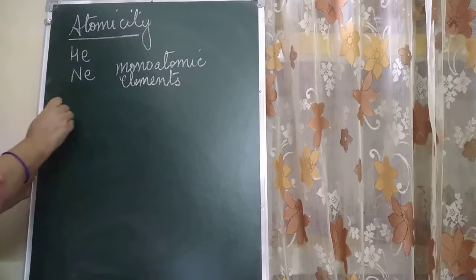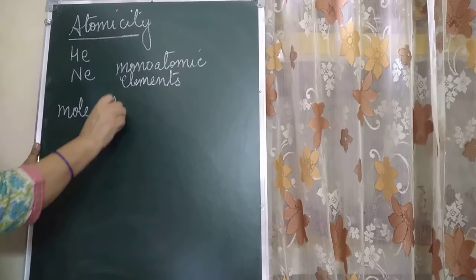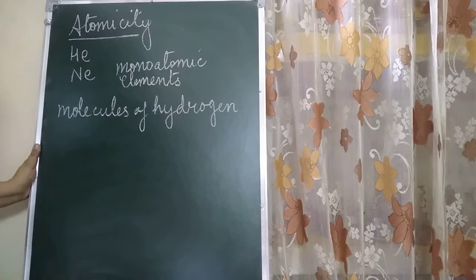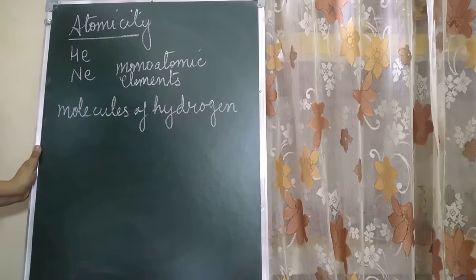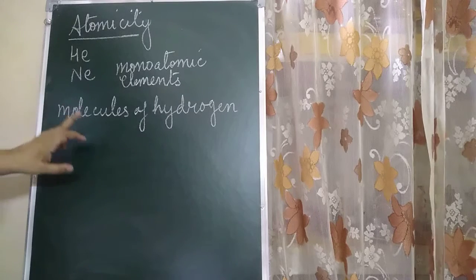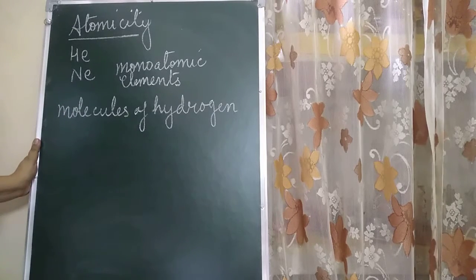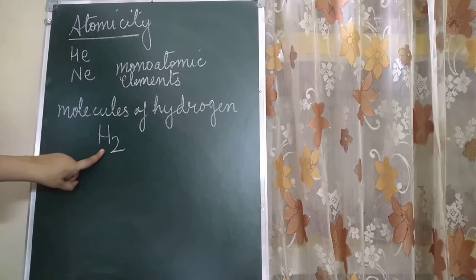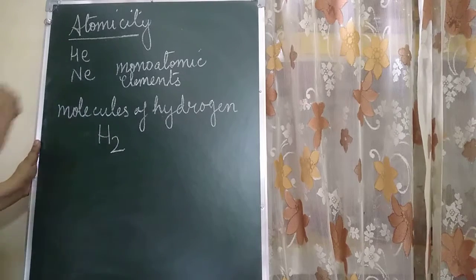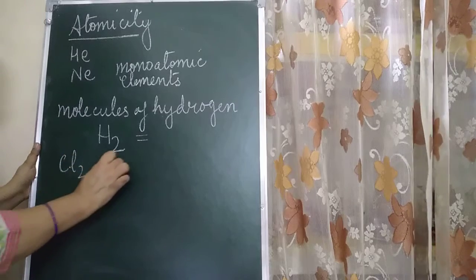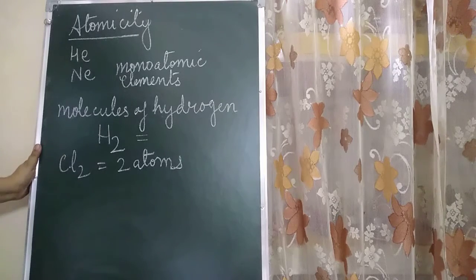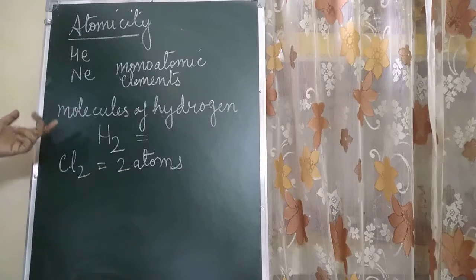For example, molecules of hydrogen, nitrogen, oxygen all have two atoms, because they are unable to exist independently in nature.